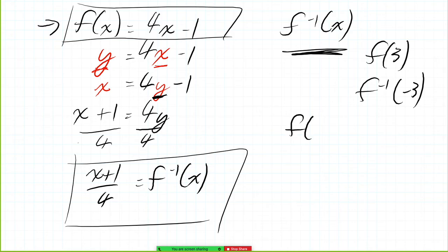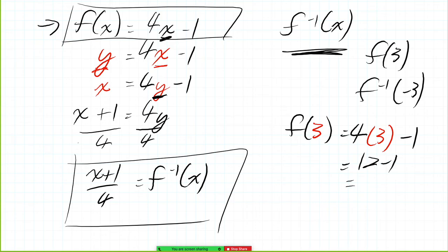So we have f of 3 is equal to 4, and instead of using the x value, we're going to substitute 3 in, minus 1. This is just simple BEDMAS. We have some multiplication, 12 minus 1. So f of 3 is equal to 11, right? And if this was a set of coordinates, we could make the argument that this is the coordinate (3, 11). We could plot it on a two-dimensional graph for ourselves.